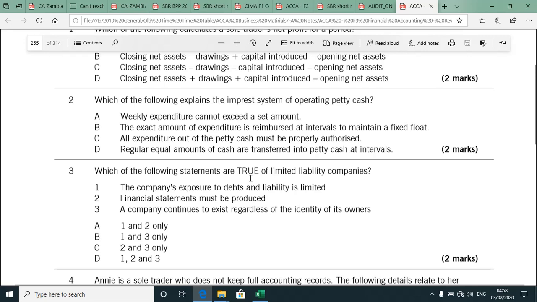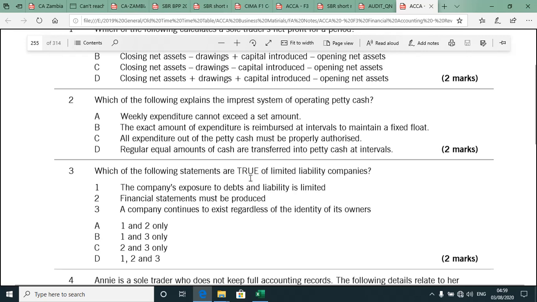C says all expenditure out of petty cash must be properly authorized. Yes, we agree with that, but I think this is not connected to maintaining a fixed float or the imprest system. So I think the competing answers in this case will be A and B.